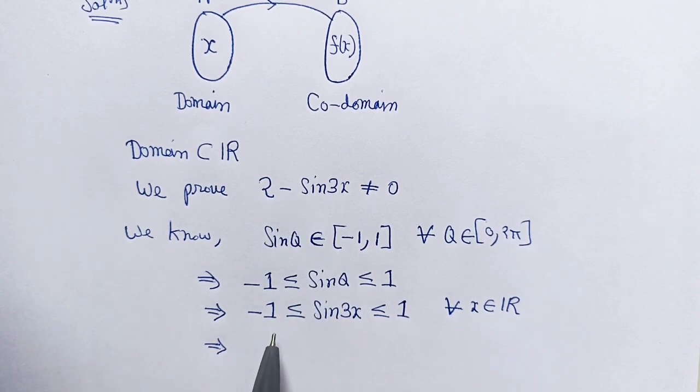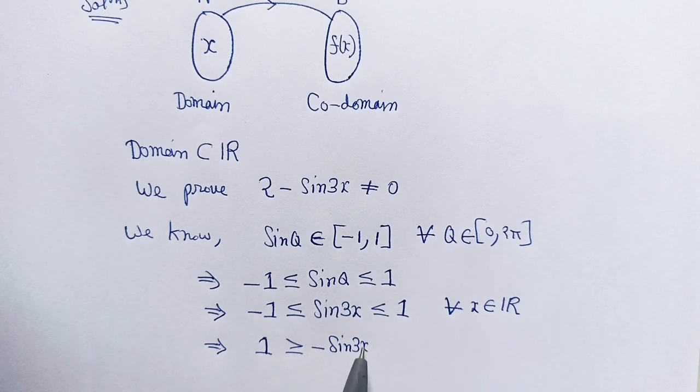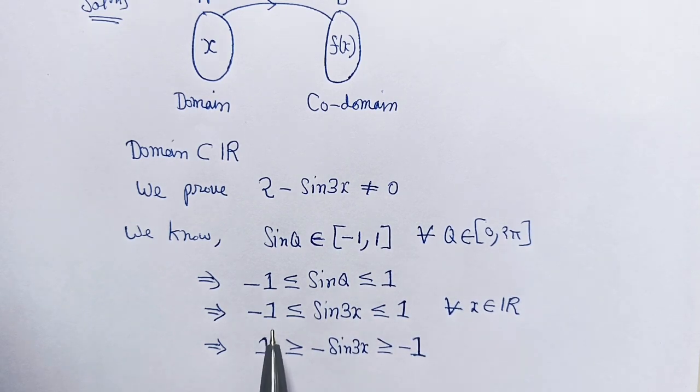When you change the sign from positive to negative, -1 will be +1, and the inequality will change: 1 is greater than or equal to minus sine 3x, which is greater than or equal to minus 1. What we did is just change the sign, so sine 3x becomes minus sine 3x, and the inequality changes.